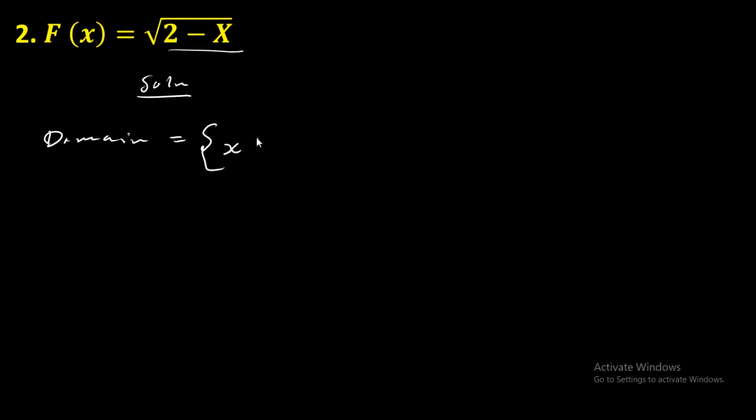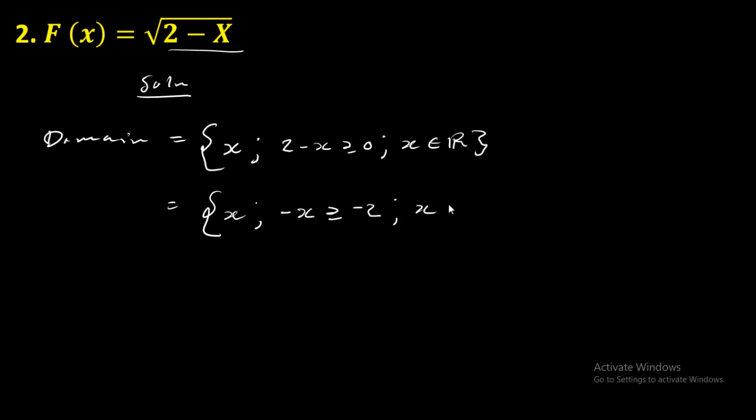So you say x such that 2 minus x should be greater than or equal to 0, such that x is a member of real numbers. Once you do that, you can simply work out what is inside. You say x such that 2 will go to the other side, so it's going to be negative x is greater than or equal to negative 2, such that x is a member of real numbers.